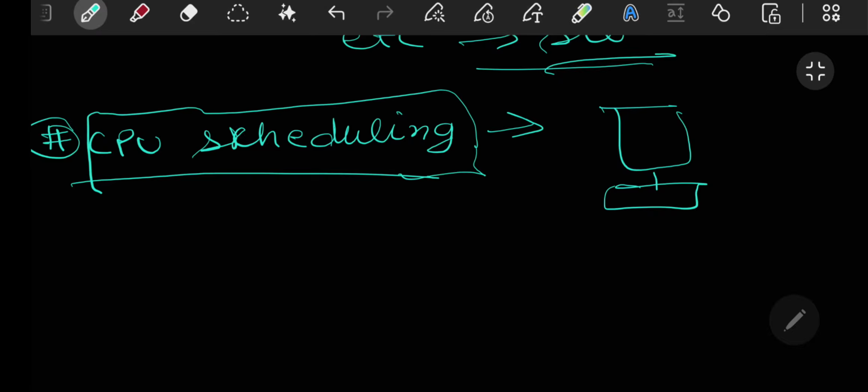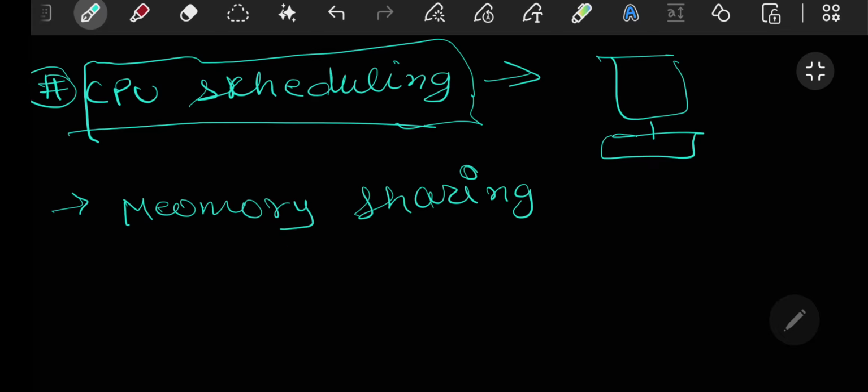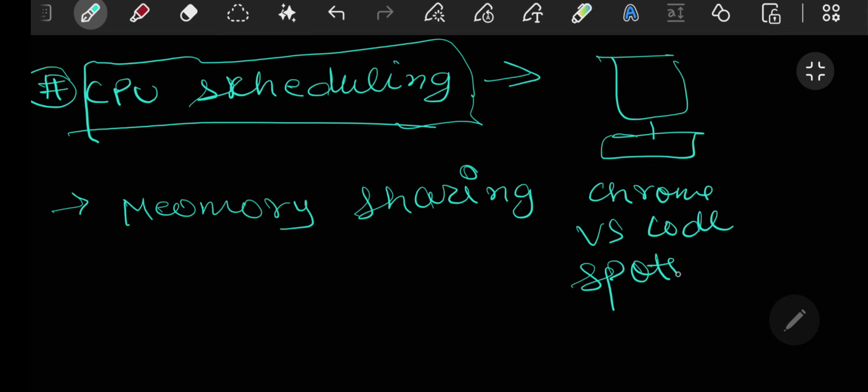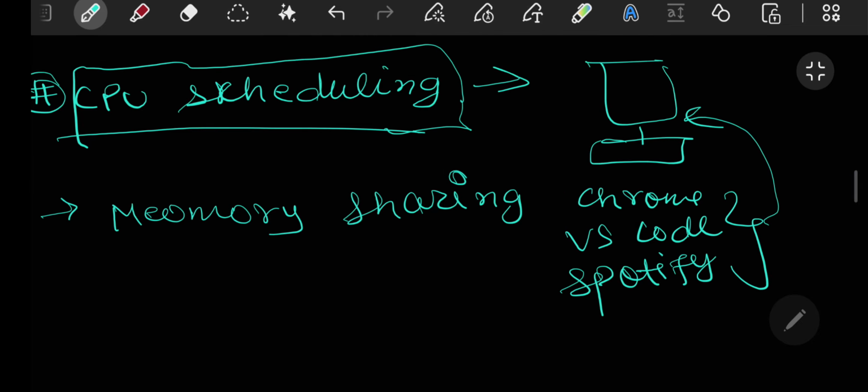But similar to that, we also have a memory sharing problem, like if we want to run three programs together, like Chrome, VS Code, and Spotify. If we had to run all these three programs together, we have a CPU problem, like the CPU is running one program at a time. We can only put one program in the memory manually.